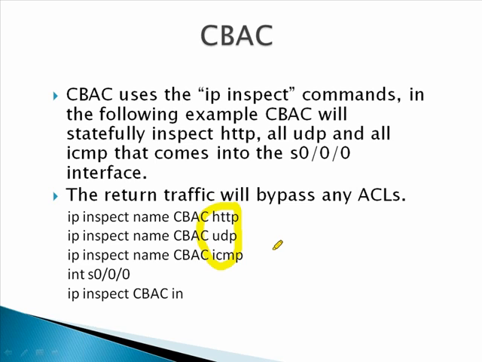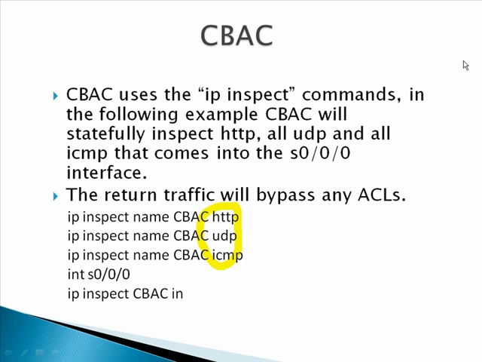Now, it's important to note here that if you don't match one of these protocols, it doesn't mean the traffic's going to be blocked. Assuming that your ACLs don't restrict this traffic, don't deny it, it's going to be allowed. The problem there, of course, is you might have allowed it on your inside to outside ACL, and sure, it's going to go out, but return traffic is probably going to get dropped by your more restrictive outside ACL.